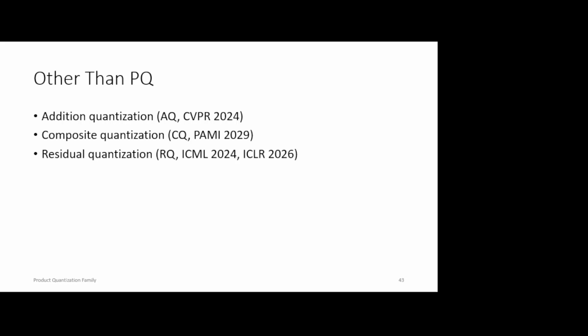So all these are based on addition, unlike PQ, which is concatenation, right? We separate the original vector, and then finally concatenate one by one to reconstruct it. But for AQ, CQ, or RQ, they have a different operation. They have to sum up all these vectors to reconstruct your vector. So they follow addition to do the reconstruction.